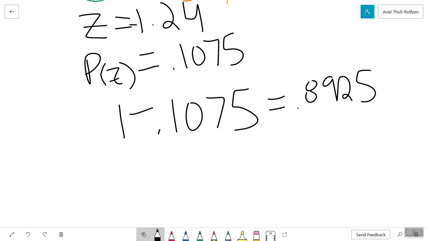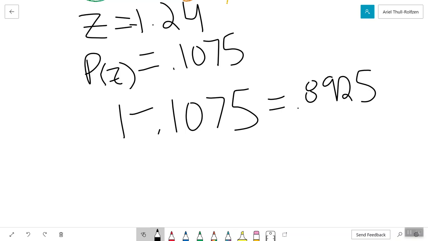The reason why we're subtracting from 1 is just because of the rule. The z-table is not set up to find anything greater than a certain value. It's set up to find less than a certain value.